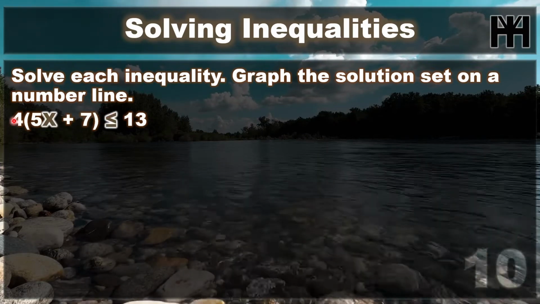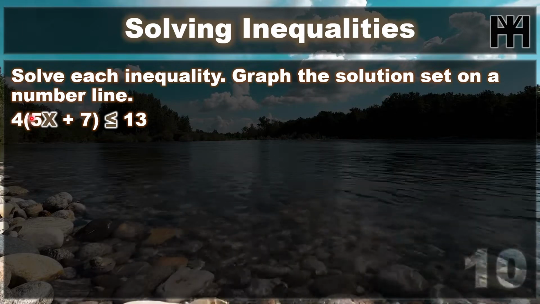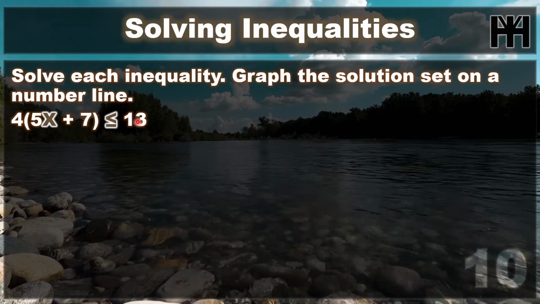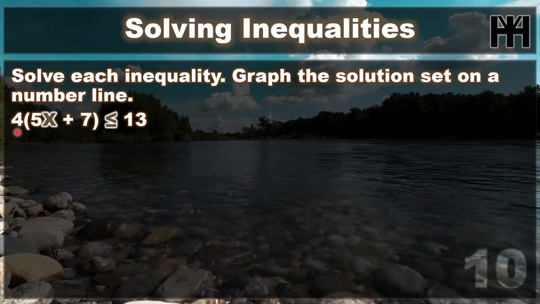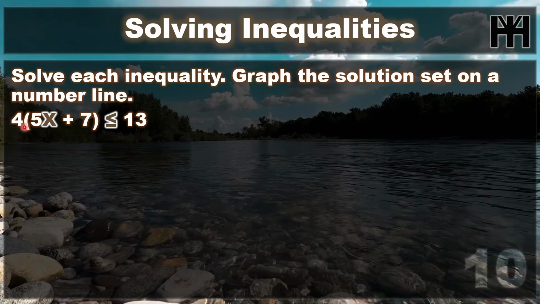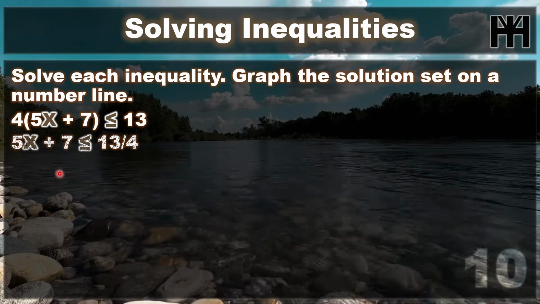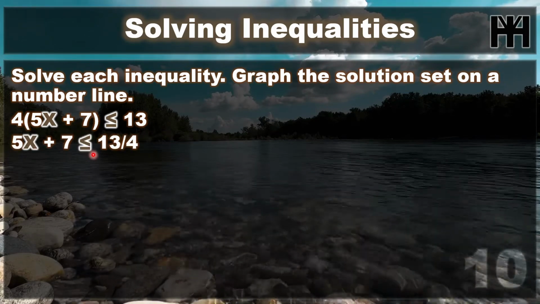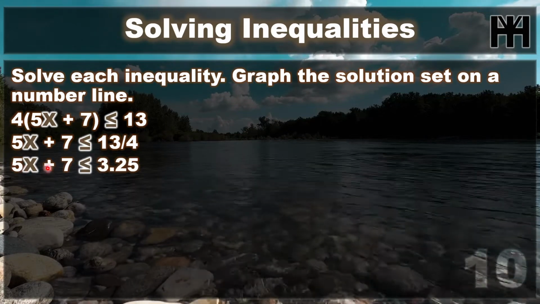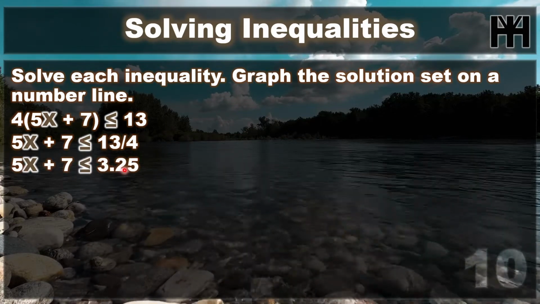We have 4 multiplied by 5x plus 7 smaller than or equal 13. So we will take the 4 to the other side. It will be divided, 13 divided by 4. So it's 5x plus 7 smaller than or equal 13 over 4. So it's 5x plus 7 smaller than or equal 3.25.